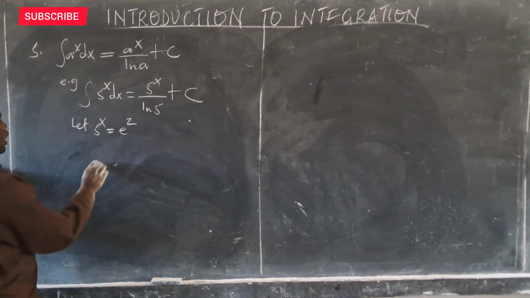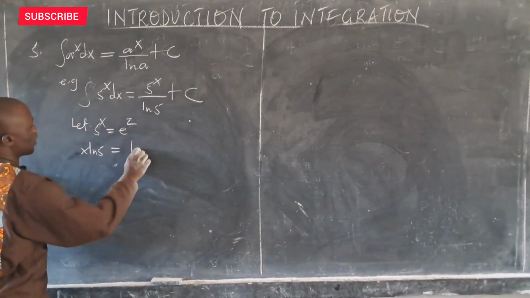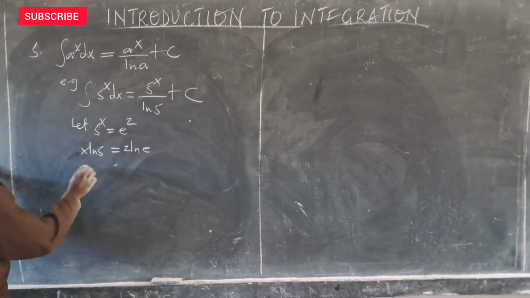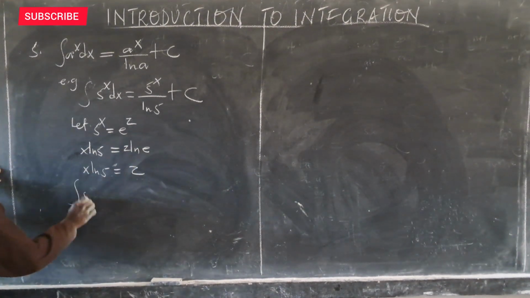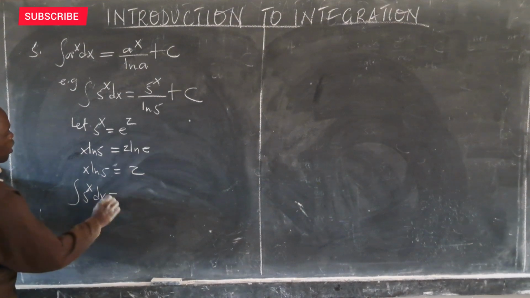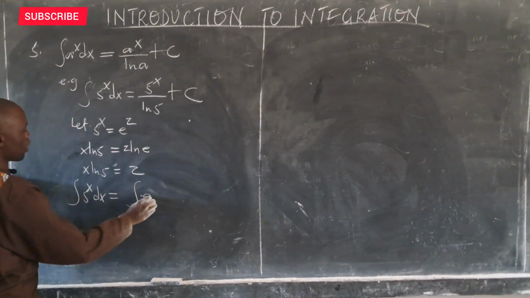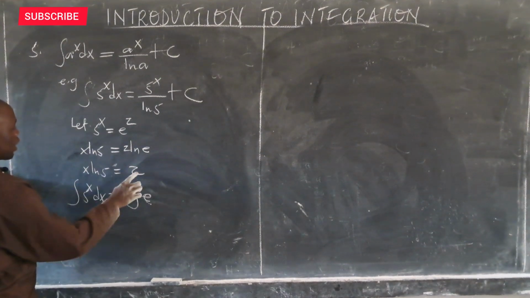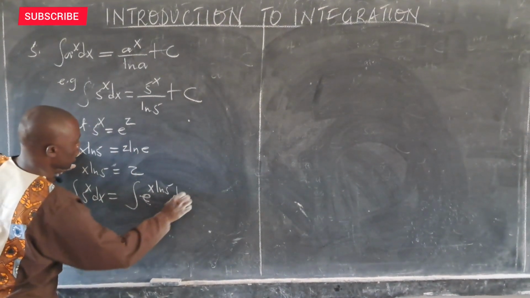So we look for z, so taking ln on both sides, we get ln z is ln e, so this gives us x ln 5 is equal to ln z. So instead of integrating this dx, I'm actually going to integrate this, so e to the power x ln 5 dx.